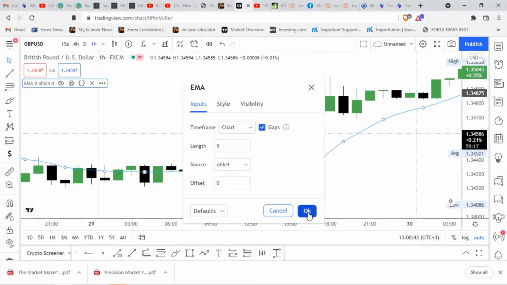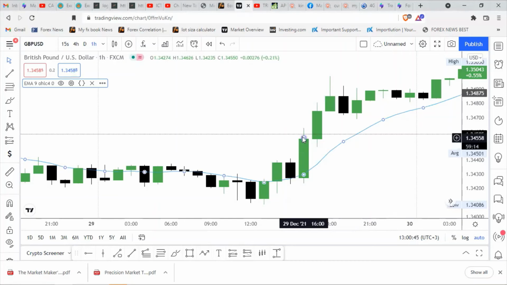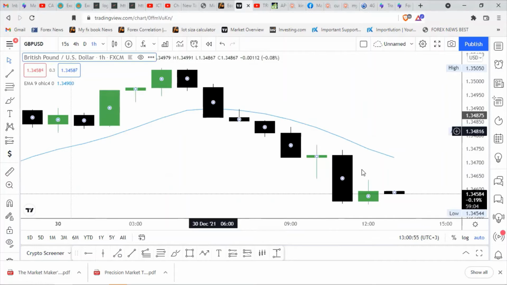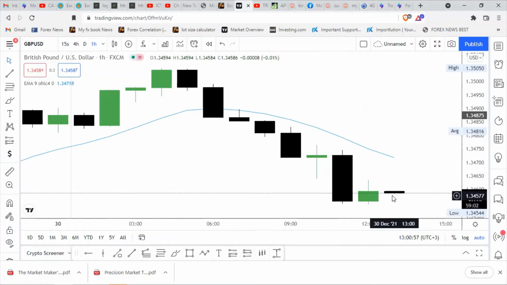Just click like that, and it will be doing the average of this high, this close, and so on. So you see, it gives more weight to what happened. For a candle, there is a place that it opened, the highest it went, and the low it reached. So it will be doing all those, meaning the reaction to price will be faster.